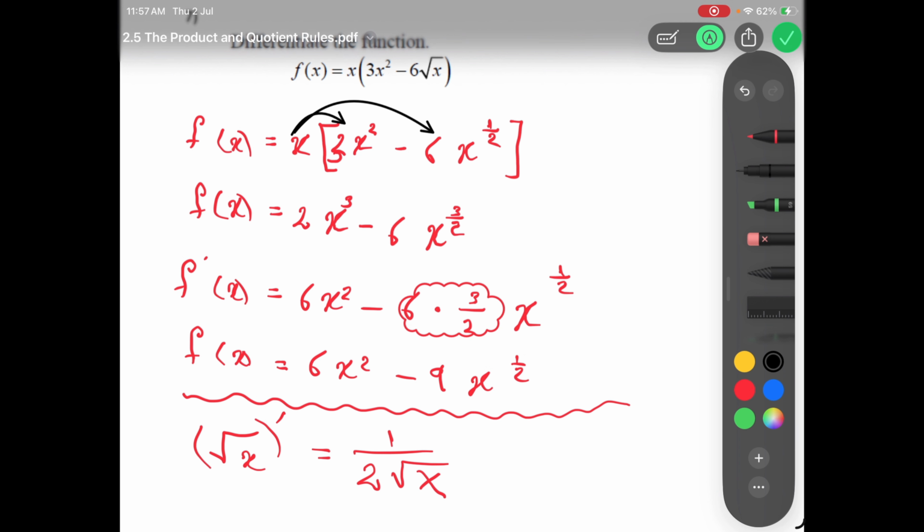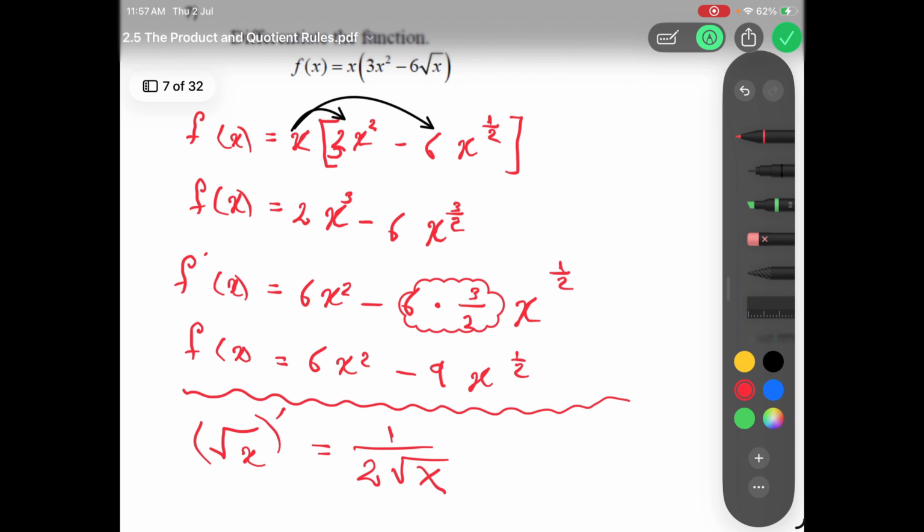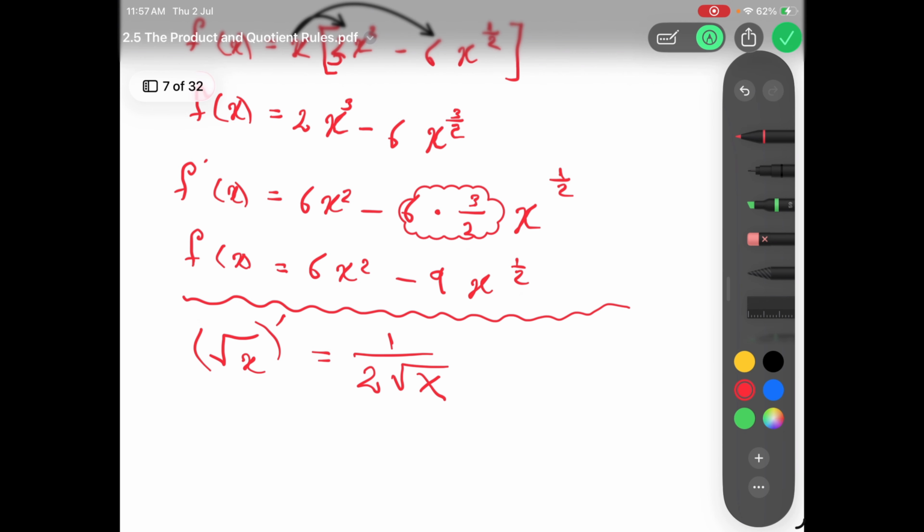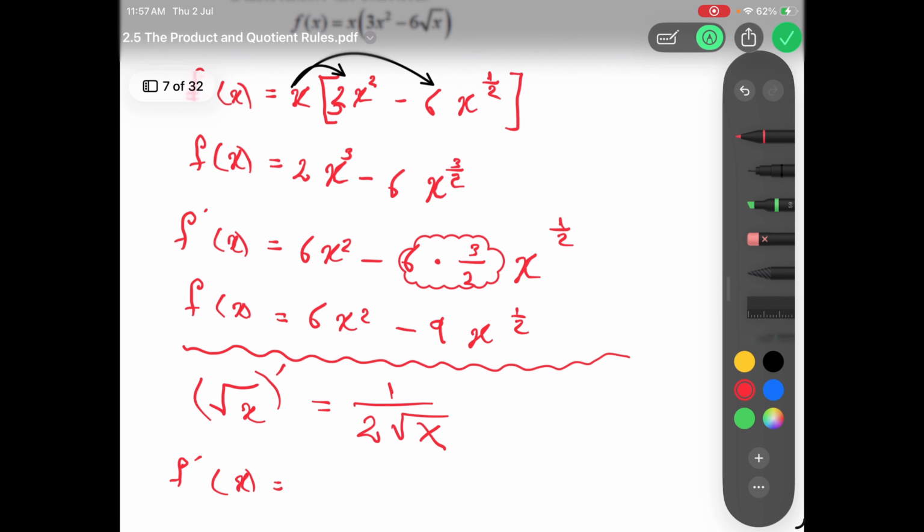So of course we can here apply what we call the product rule. So the product rule works like that. Keep the first function as it is, differentiate the second, plus differentiate the first, keep the second. Okay, so f prime of x equals, I will keep the first as it is.